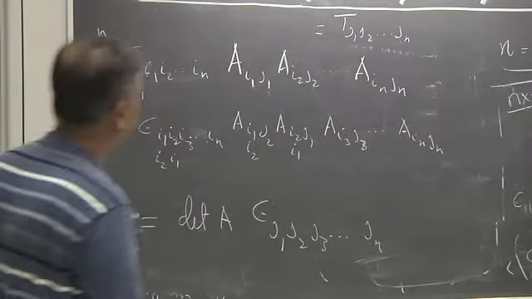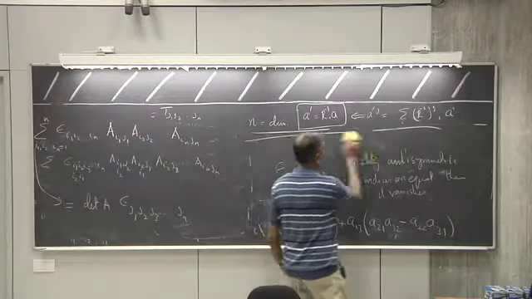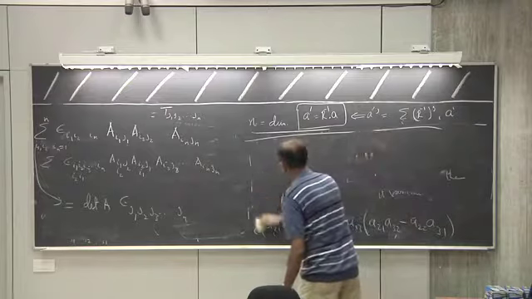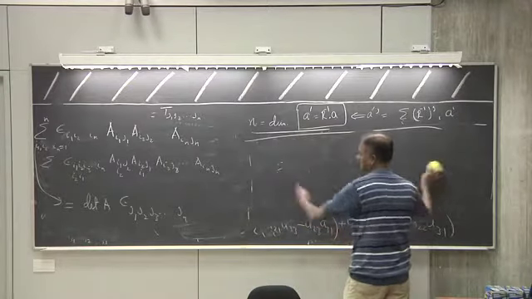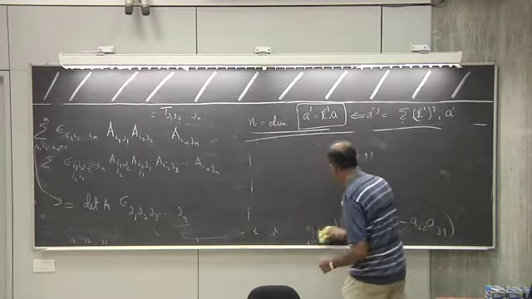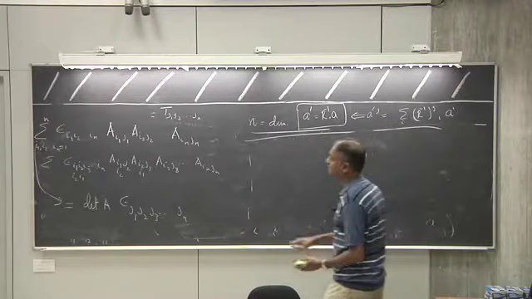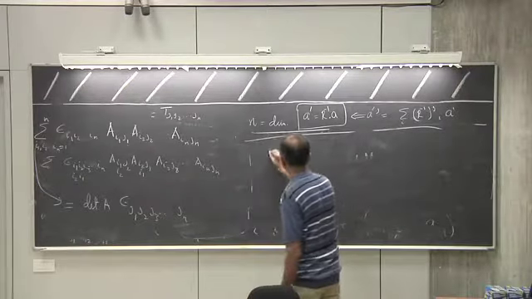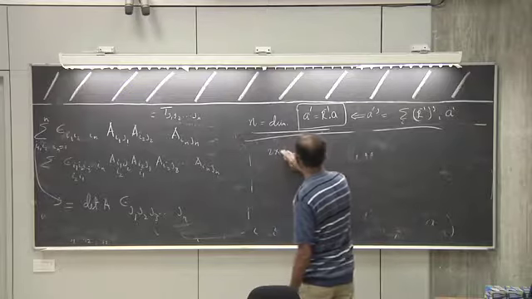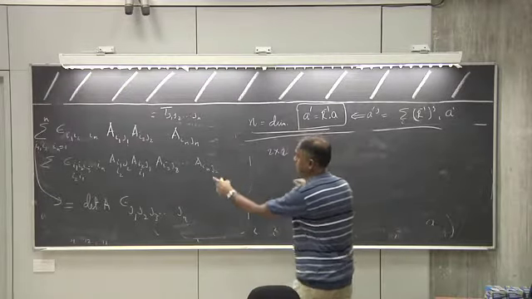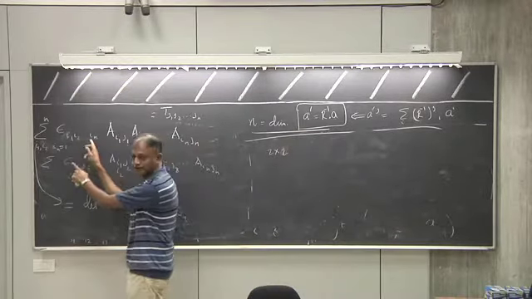To show you that this in fact gives the same answer as the usual determinant, let's just check that for a 2 by 2 matrix, because otherwise it's too long to write. So n equals 2, and there are only 2 indices here.